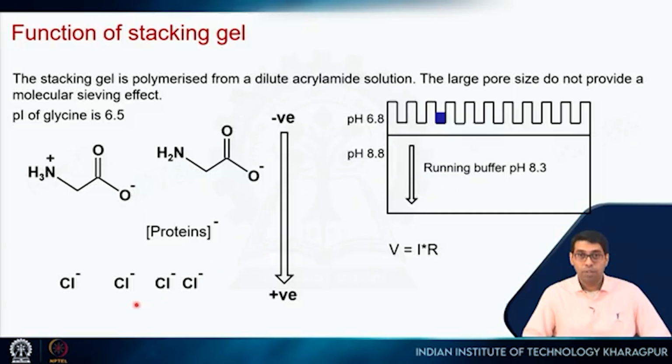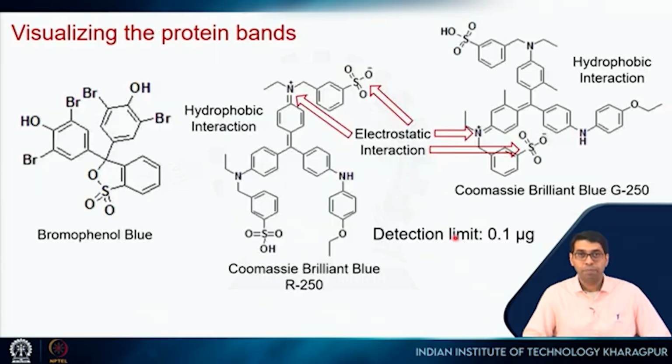The chloride ions and the glycine ions will move faster, as they are supposed to. The protein ions will now move according to their size, and we get this resolution of your protein ions according to their size, and then we will see different bands.